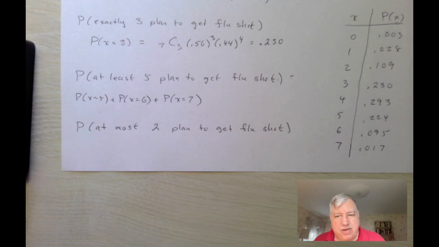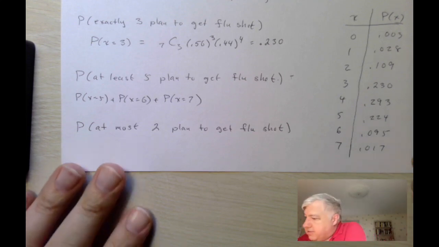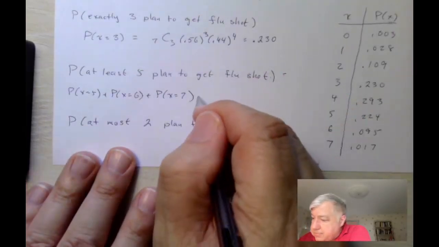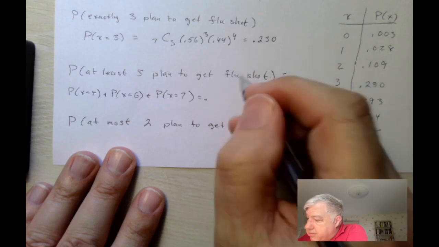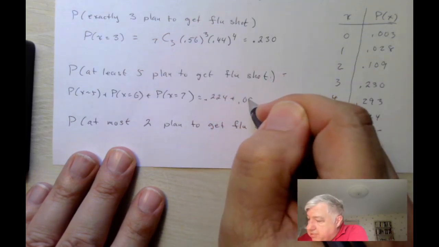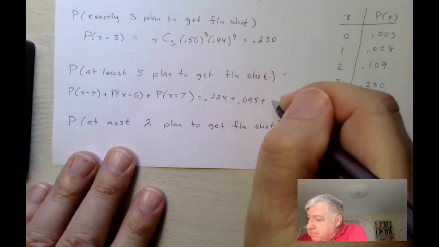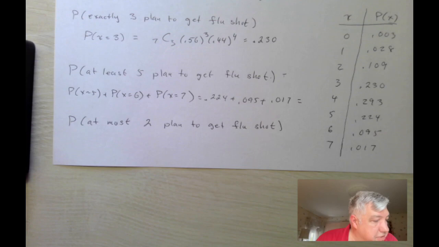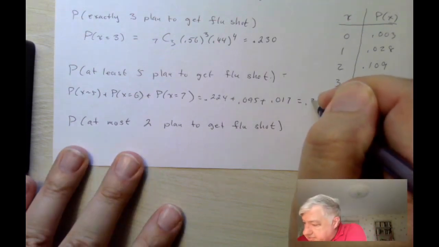X can't equal 5 and 6 at the same time. So we just add these together. This would be 0.224 plus 0.095 plus 0.017, which turns out to be 0.336.